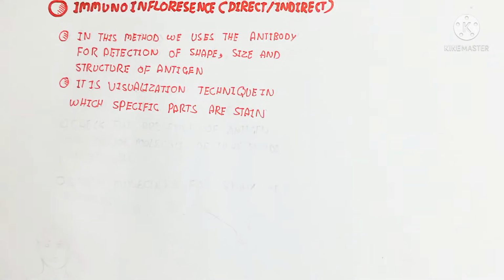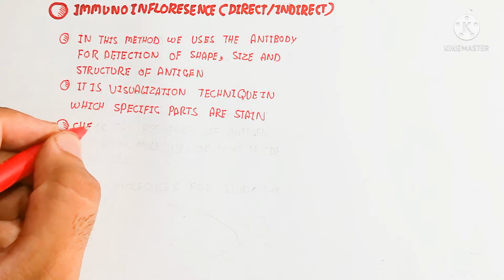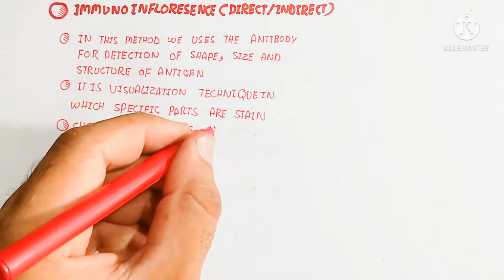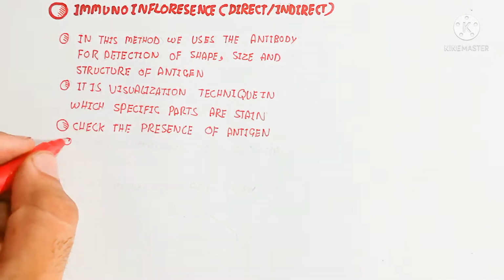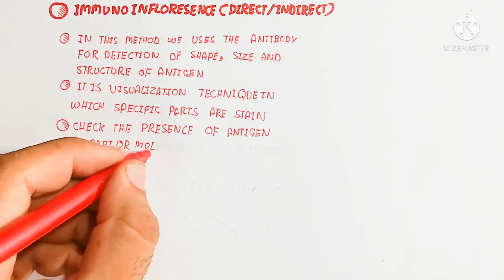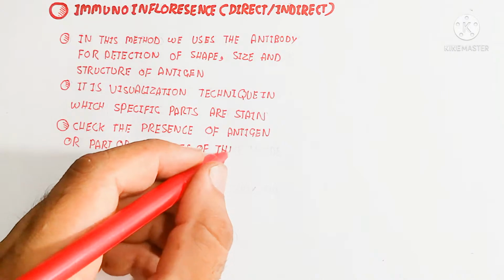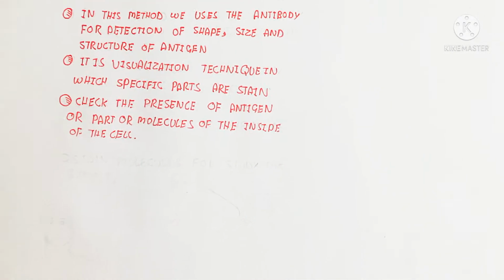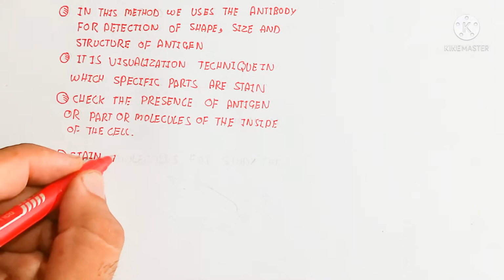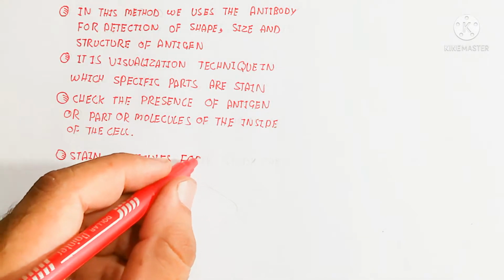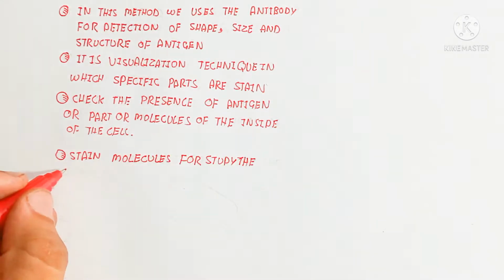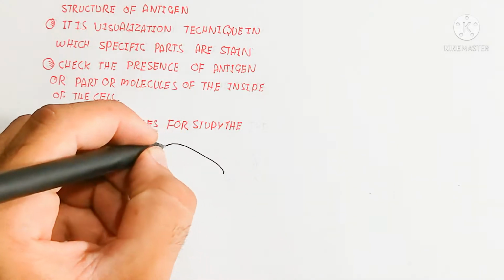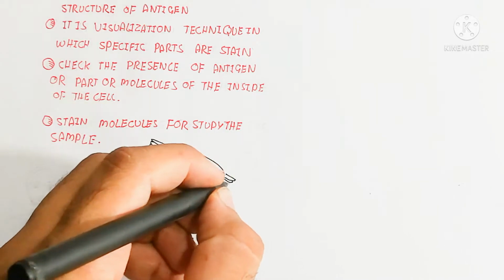So we are studying the part of the cell segment that is detected by its shape, structure and size with an immunofluorescence antibody. The stained molecule in the sample can be bacteria, DNA, a microorganism or a virus. You can say everything. So let's begin to understand.